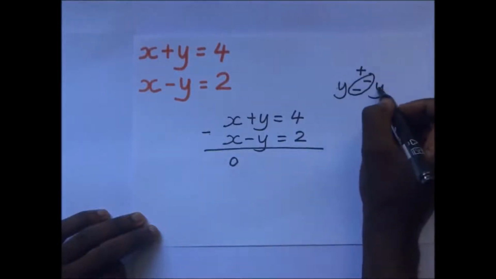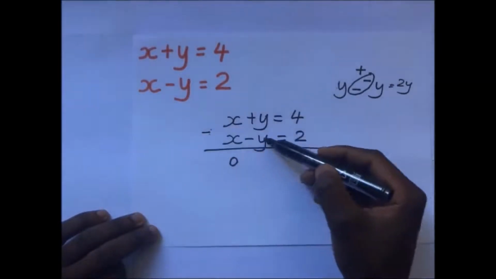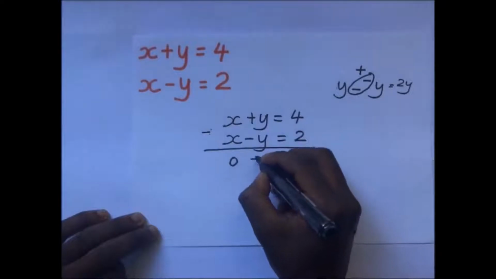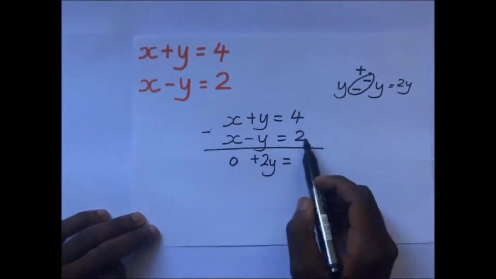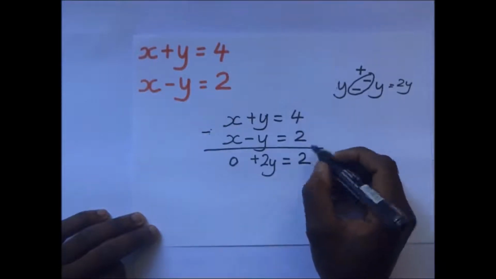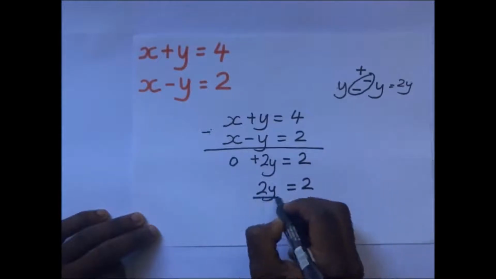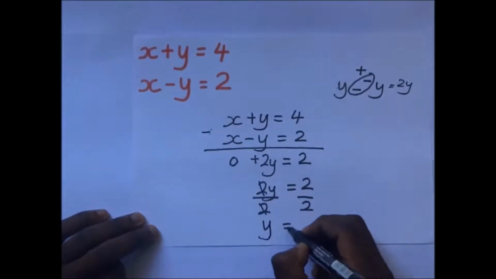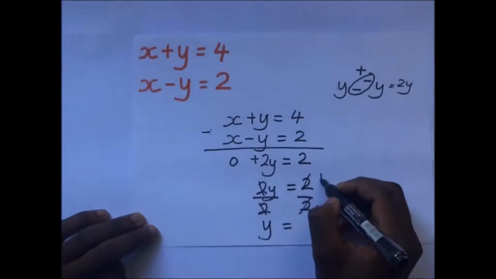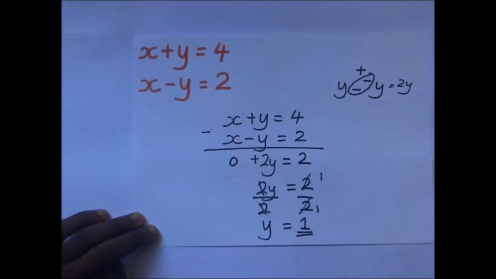So y plus y is equal to 2y. So this minus negative y is positive 2y. That is going to be equal to 4 minus 2, which gives us 2. So we remain with 2y is equal to 2. When we divide both sides by 2 to get the value of y, we get our value of y as 1. Our value of y there is 1.